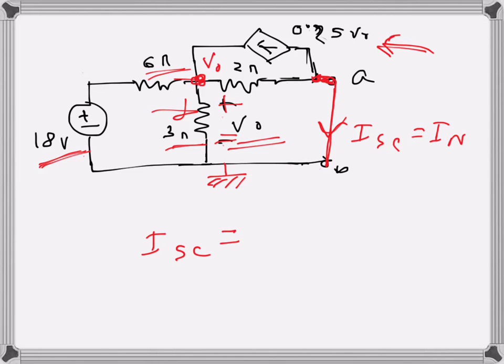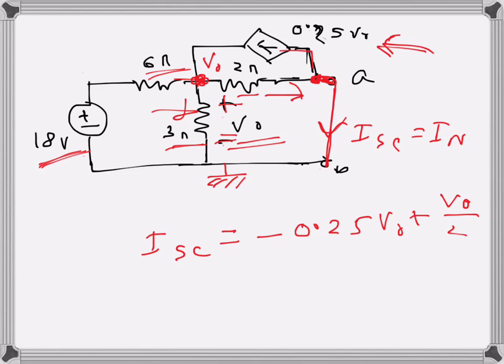and this one is going away in the other direction, so that is minus 0.25 V0, which is the controlled dependent current. And then the other current, which is through 2 ohms, if I say in this direction, will be V0 over 2, because the resistance here is 2 and the voltage here is 0.